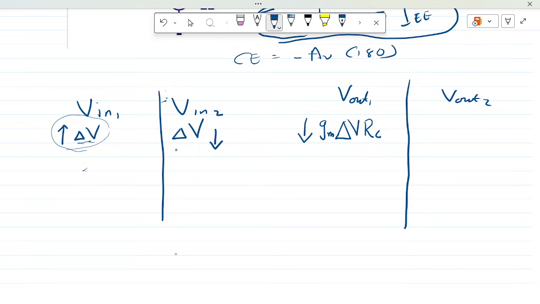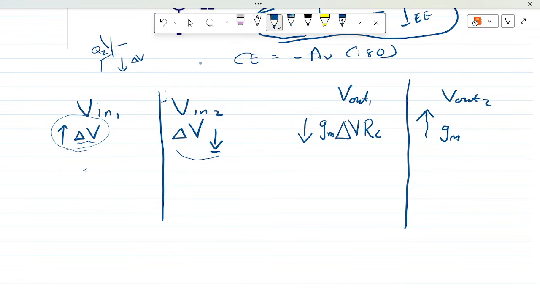So we look at input 2 at the other side, Q2. Per differential signal, that one would have to go down by delta, else the change will be rejected at the output, and Vout2 would have to go up. Okay, so the common emitter stage tells us that if the input is going down, then the output voltage would go up. So the difference is going to be the same gm because of symmetry.